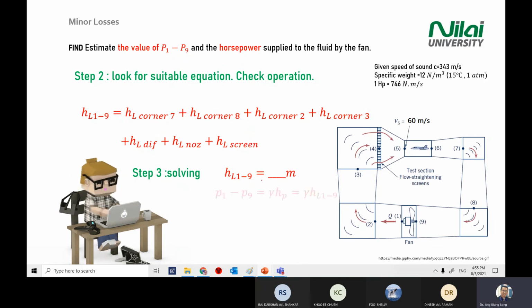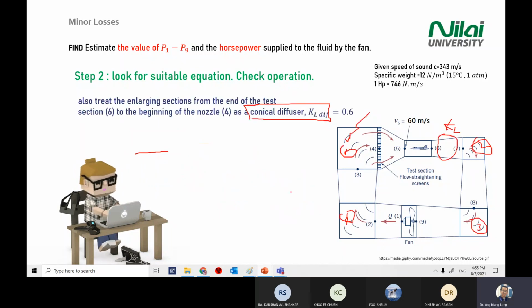Once you get this one, you pull the equation, change of pressure equal to rho HP, because just now you already derived the equation.